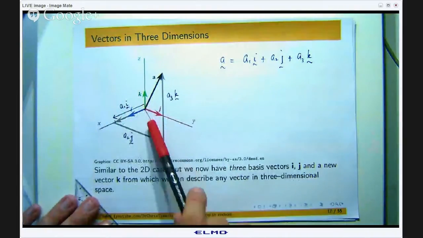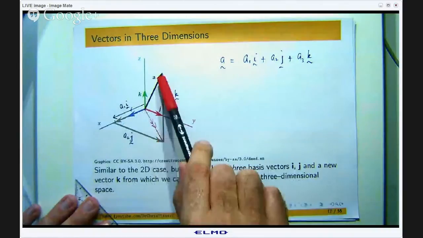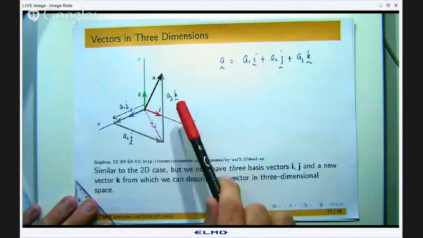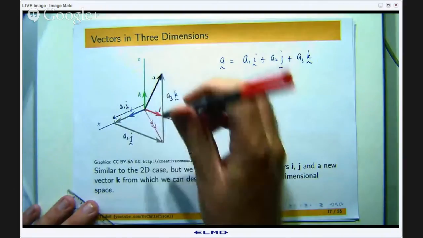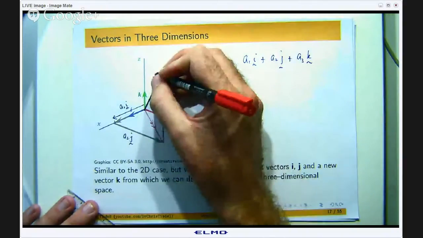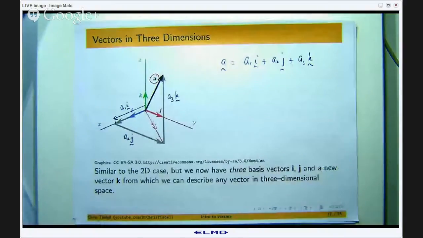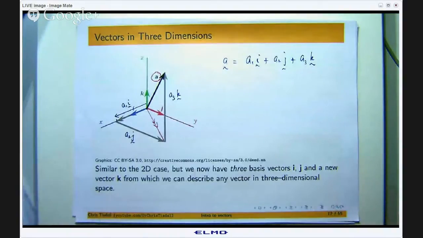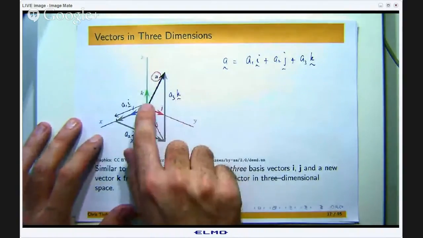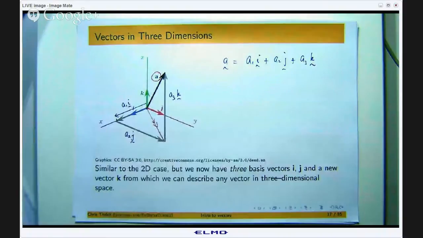You would add this vector to this vector, and the triangle law of addition tells you that the sum of this vector and this vector is this vector, which is the vector A. So it's similar to the 2-dimensional case, but it's just an extra dimension. Extra dimension, extra axis, extra basis vector.